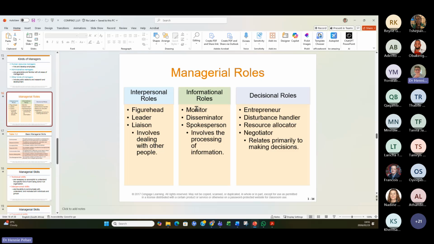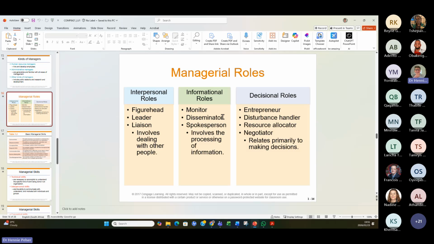The second part is once you can see that there are trends starting to emerge from the environment, and that the organization would have to update its operations in order to survive, that is when you share that information with the relevant individuals. So dissemination is sharing the information with people who need to take actions.